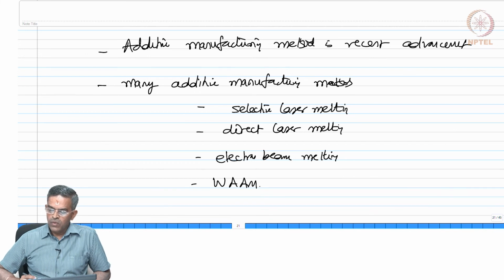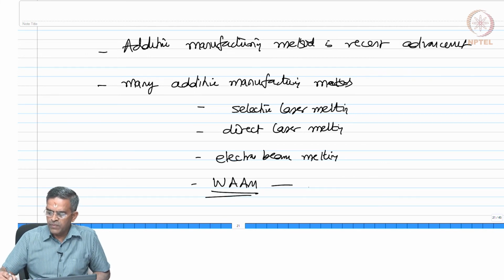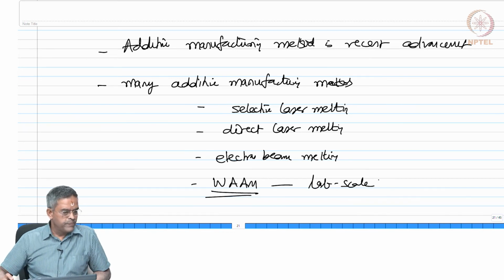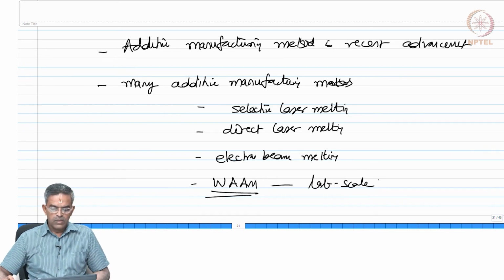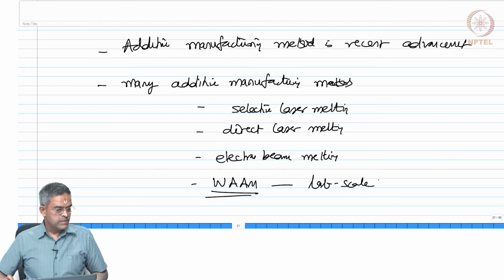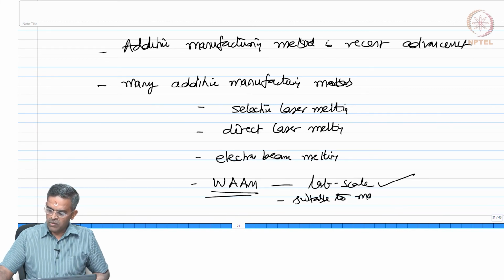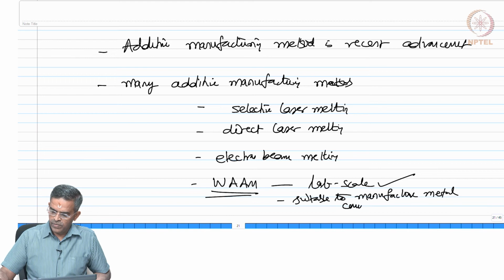However, WAAM is very comfortable to use in lab scale, and it is one of the advanced techniques for manufacturing metal components for engineering applications. So, it is suitable to manufacture metal components for engineering applications. Okay.